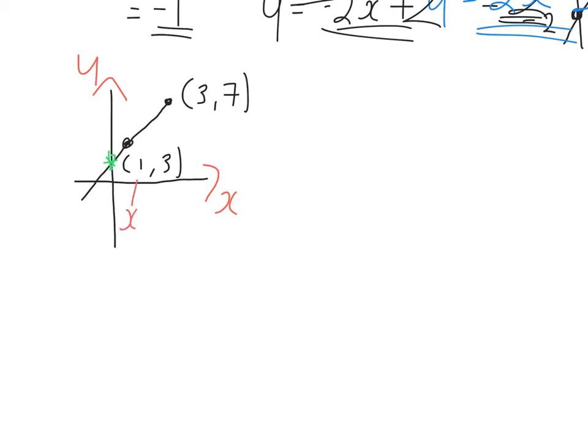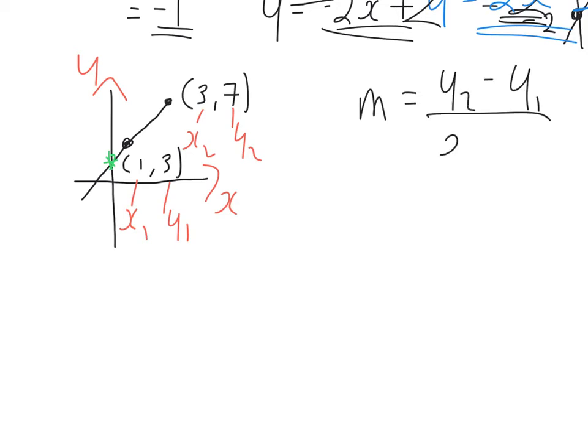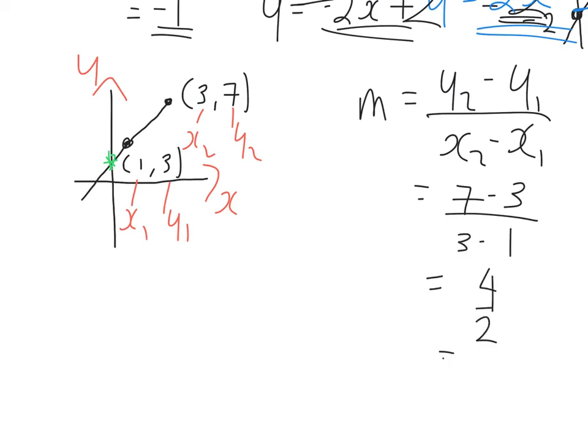So there's x1, y1, x2, y2, and it's m equals y2 minus y1 over x2 minus x1. That's going to be 7 minus 3 over 3 minus 1. 4 over 2, the gradient of the line is 2.